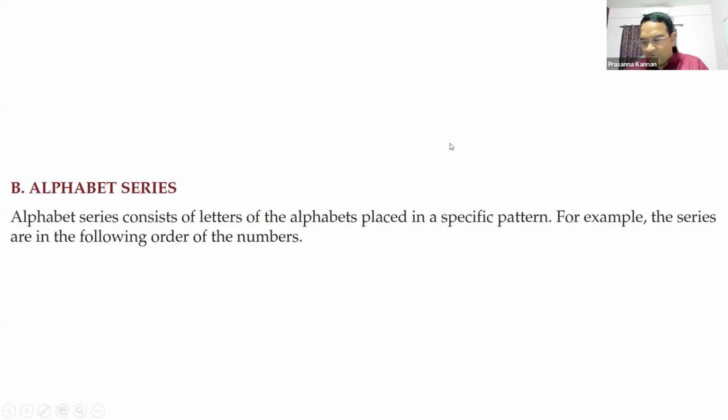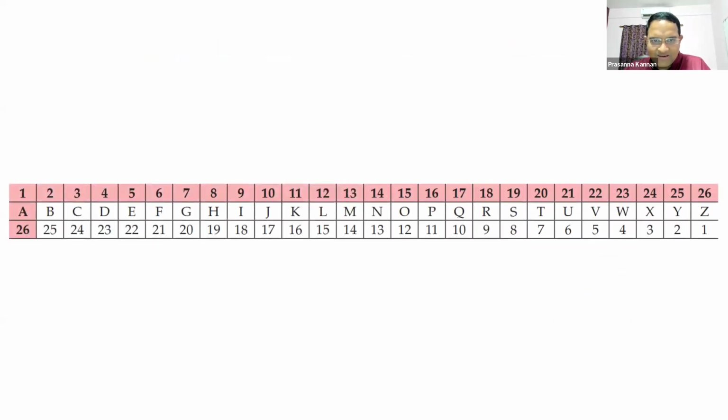Next we go to alphabet series. We have already seen this. Alphabet series consists of letters of the alphabet placed in a specific pattern. We did this in class. One is where you start numbering from A as 1, then B as 2, etc., up to Z as 26.